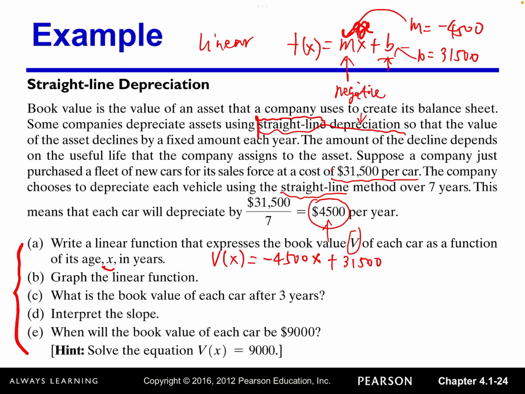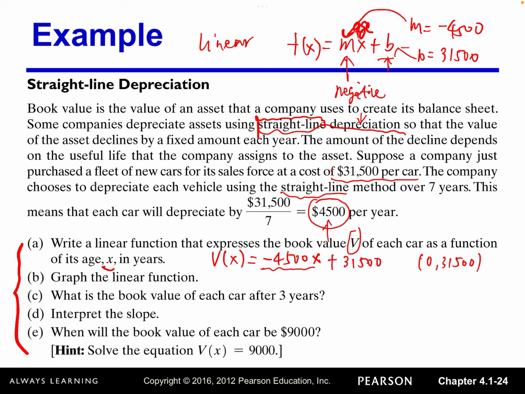Graph the linear function. We already know the y-intercept, which is (0, 31,500). We can use the y-intercept and the slope to do the graph, and we can also use the x-intercept.